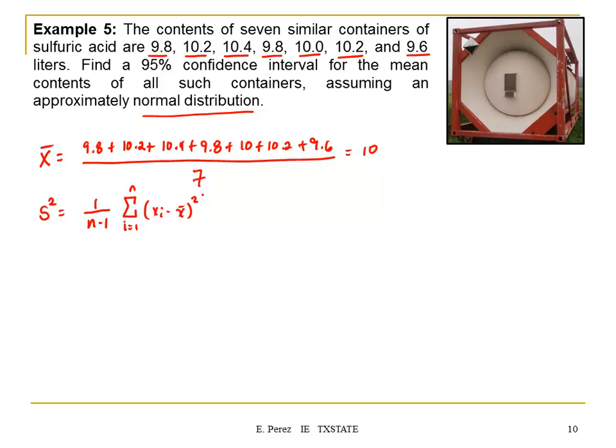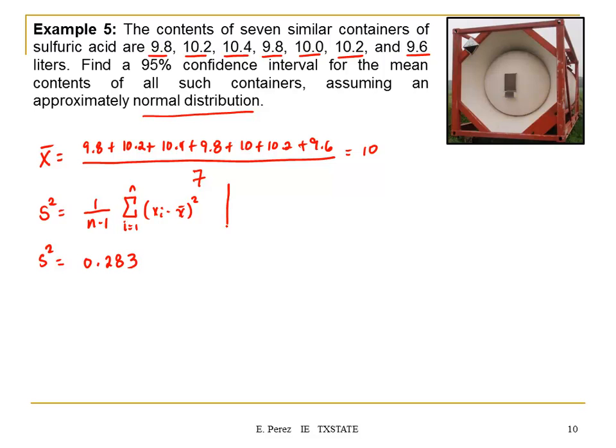It's important for you to make sure that you understand how to compute the sample variance. In this case, I have done this computation many times in class, so this time I'm just going to provide you with the results. Make sure that you get to this value, 0.283. So we know now the value of the sample variance, and we know the value of the sample mean.